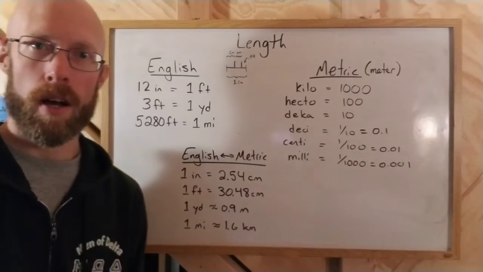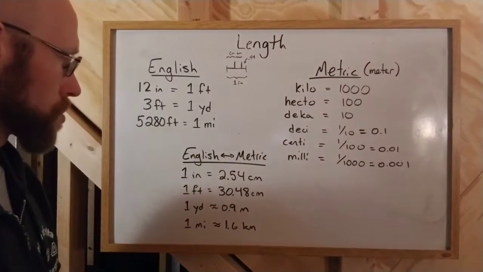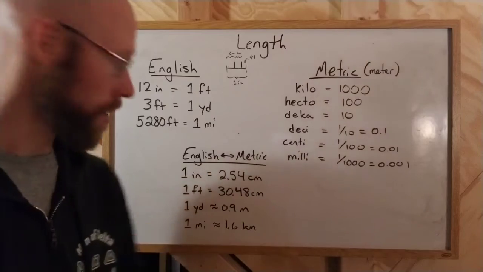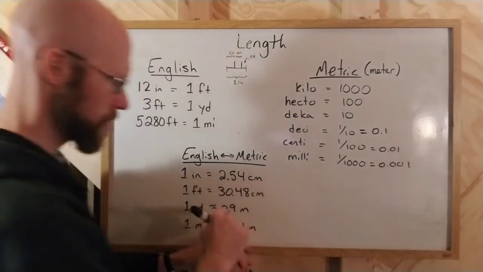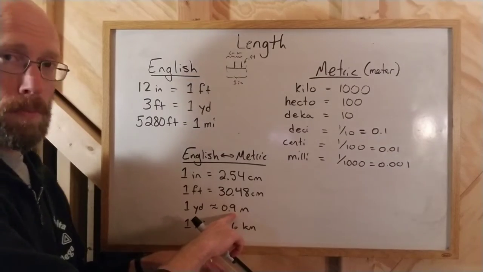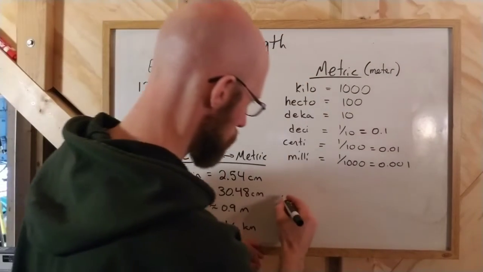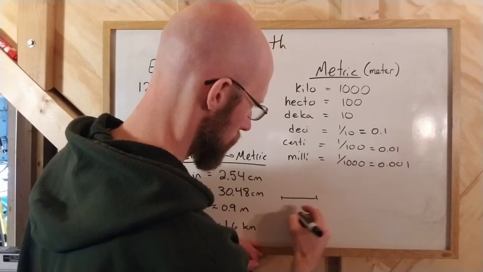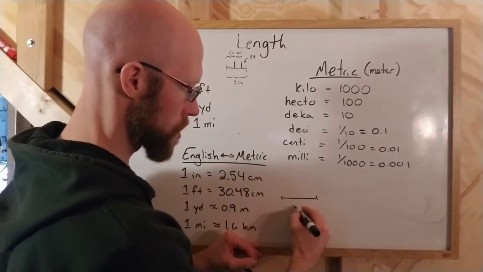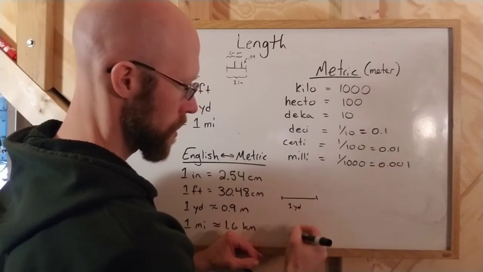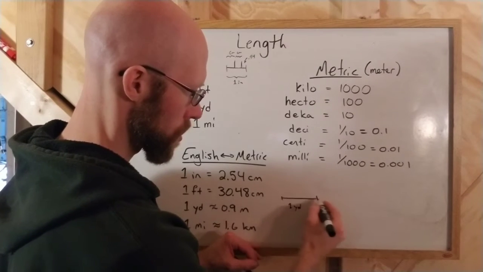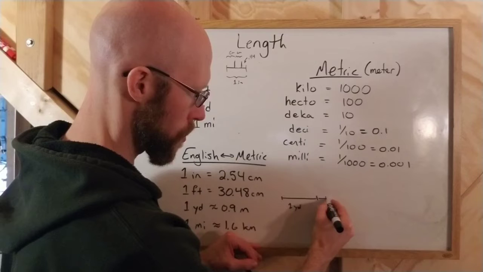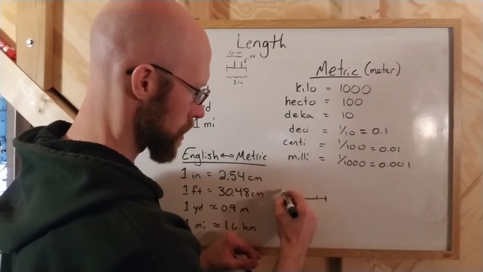A meter is slightly longer, right? One yard, if you wanted to make that conversion. And it seems weird because this is a smaller number, but if you think about it, this isn't 1 yard, but if this was 1 yard, then it's 0.9 of a meter, so you'd have to go another 0.1 to get to the meter, right?